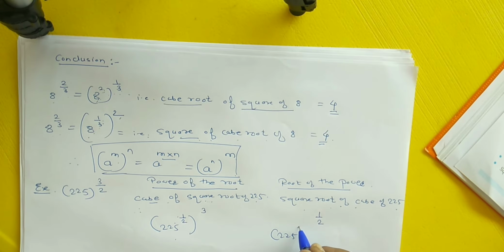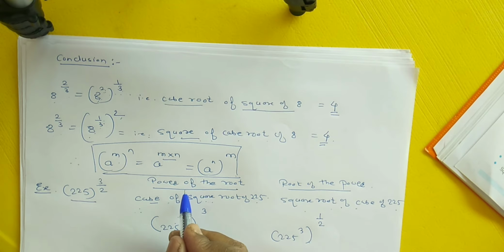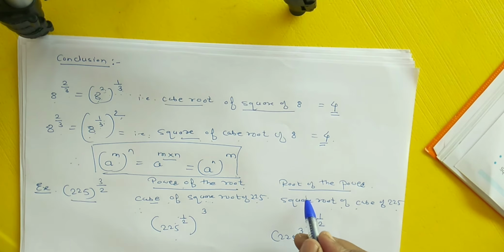Whenever a question like this is asked in the examination, always remember you have to write in two forms: one is the power of the root, and the second is the root of the power. So I hope all of you understood.